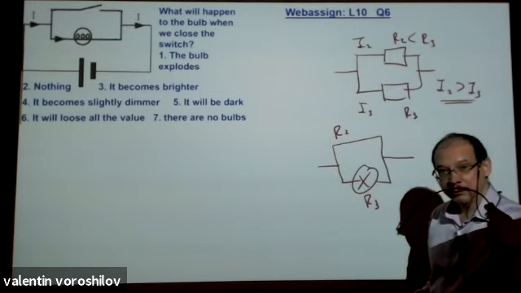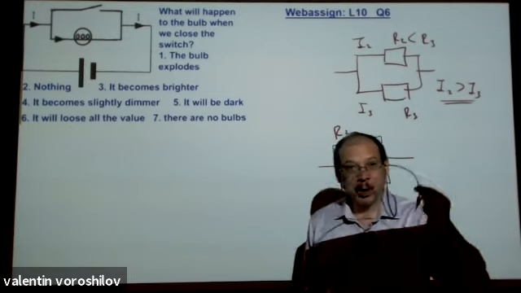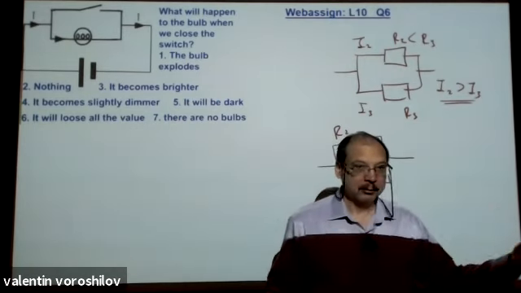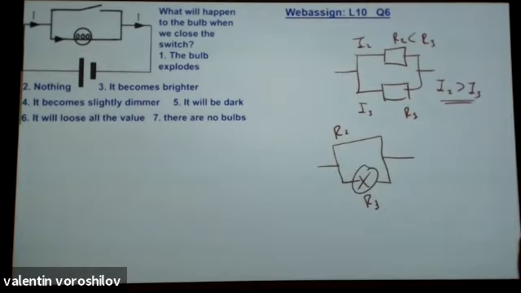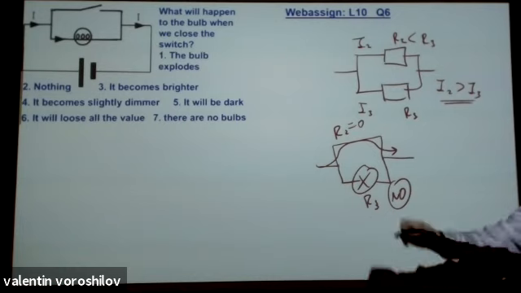It's a wire or a switch, and the wire has no resistance. So no resistance, 0. What does it mean? It simply means that now all electrons will travel through this, and no electrons will travel through that. Electrons are smart, not stupid. If there is no resistance, they all go there.